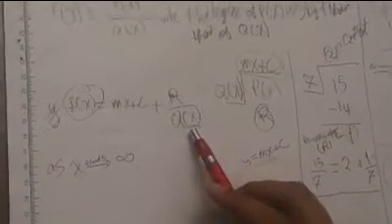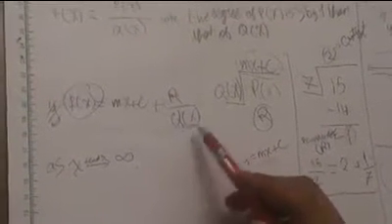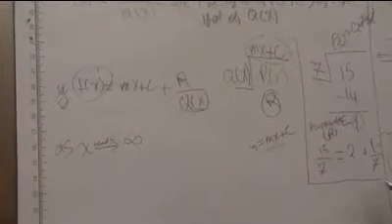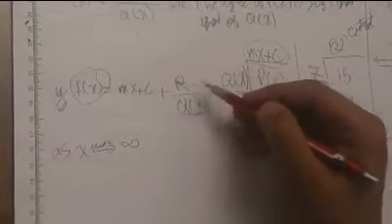The degree of r must be smaller than the degree of q of x, and a lot of times the degree here will be 0, so it will be a constant. Maybe it's a number, but other times it may be a function in x, but the degree of r is less than the degree of q of x due to the division.